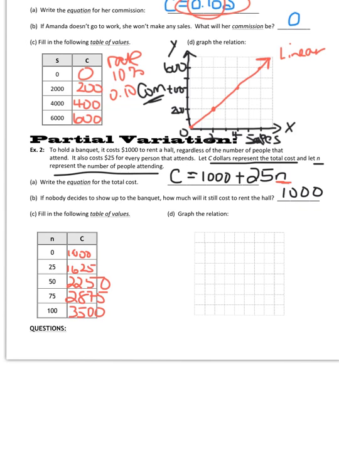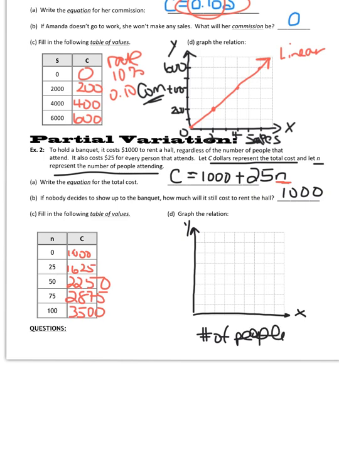So that's what my table of values looks like, and we're going to plot this information onto our graph. Along the bottom we have our independent variable, our x-axis, and then our dependent variable, which is our y. Our independent variable is our number of people, so those are our N values.